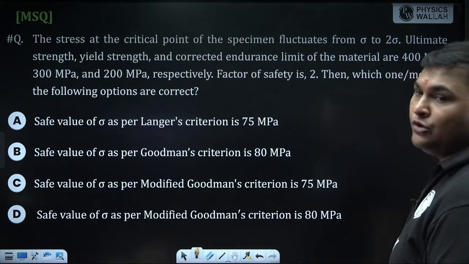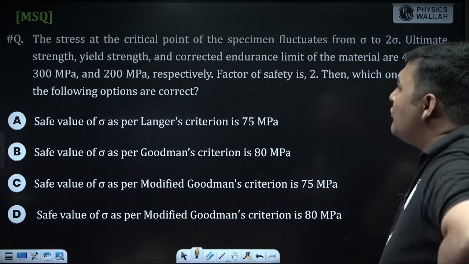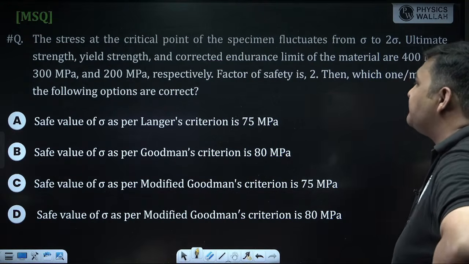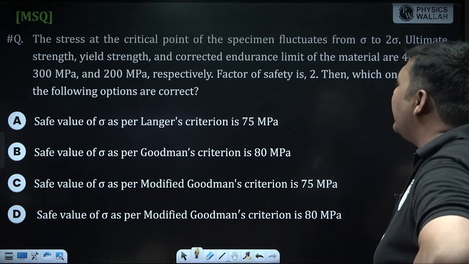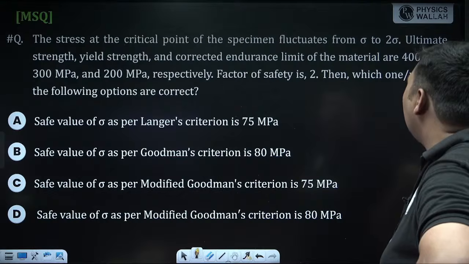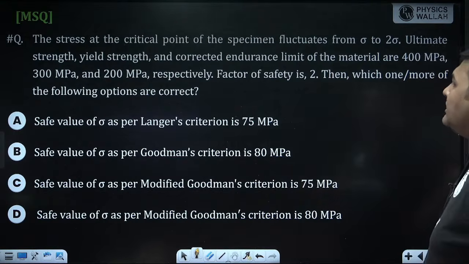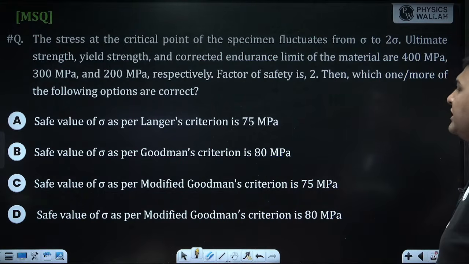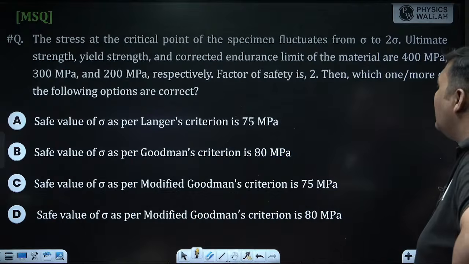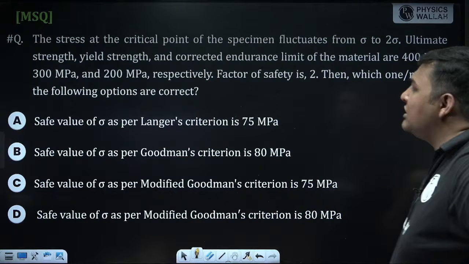This is an MSQ. This is also a very good question. Means more than one option can be correct. What is it saying? The stress at critical point of a specimen fluctuates from sigma to 2 sigma. Ultimate strength, yield strength, and corrected endurance limit of the material are 400, 300, and 200 megapascal respectively. Factor of safety is 2. Then which one or more of the following options is or are correct?